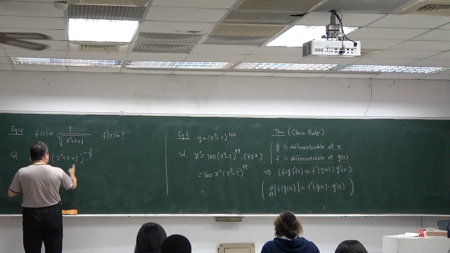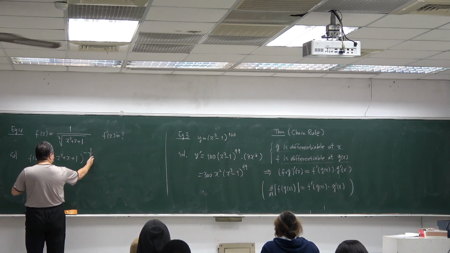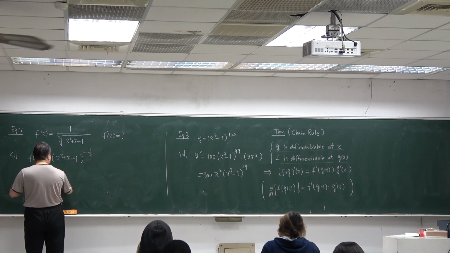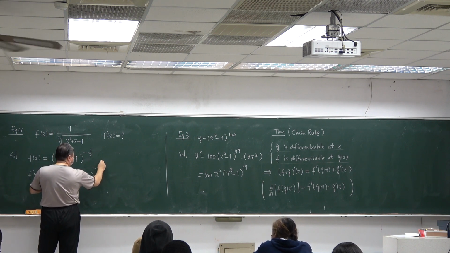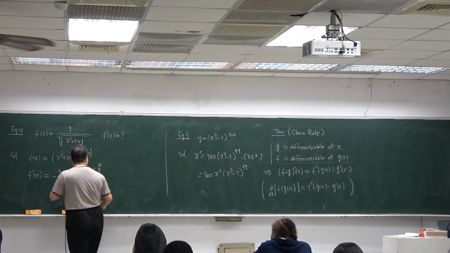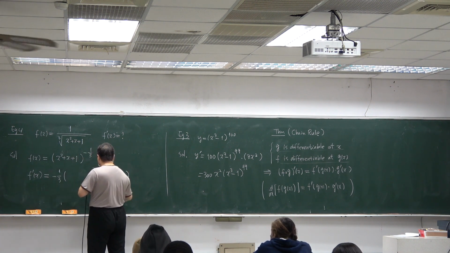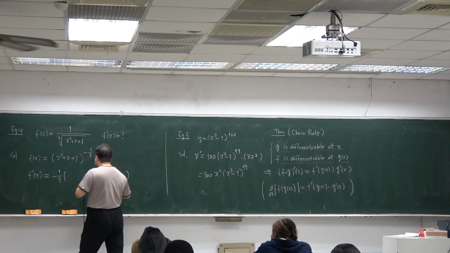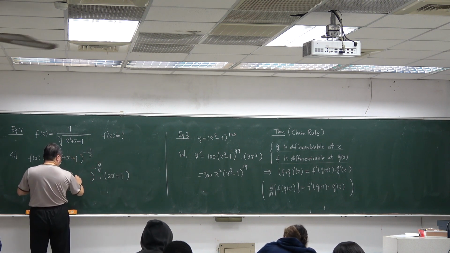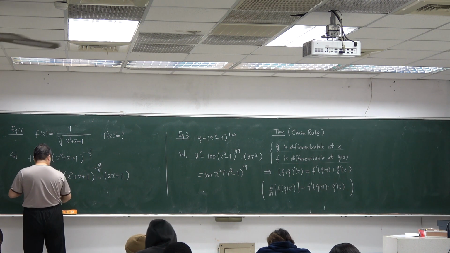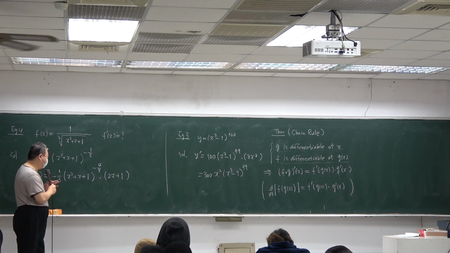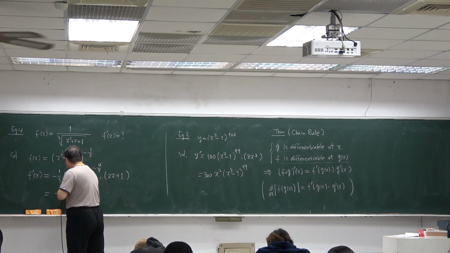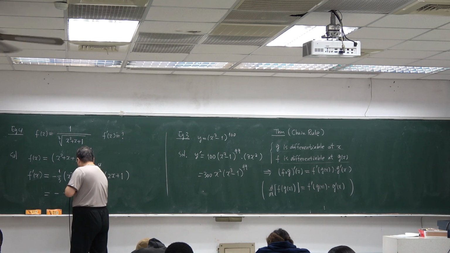So to differentiate this, we differentiate the power function first. Power rule: decrease the exponent by 1, then times the derivative of this one. Then this is at this number. Express this as the root, minus, x squared plus x plus 1.